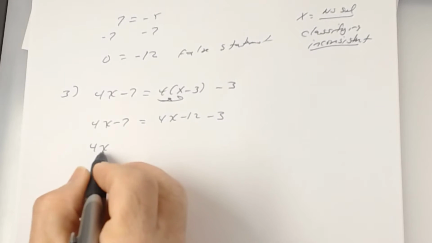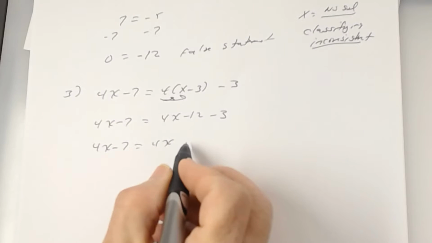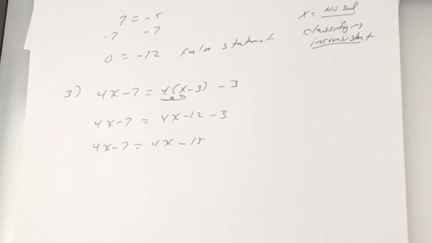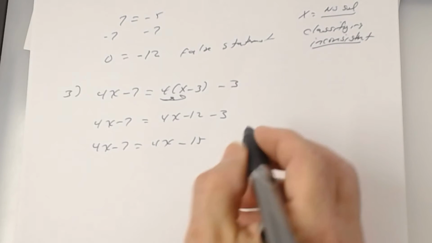So I get 4x minus 7 equals 4x minus 15. And then for some of you, you can stop here because some of you can notice this and see, well, the 4x are the same on both sides, but the constants are what? Different. So you know right away in terms of solutions, there's going to be how many solutions? None. There's going to be no solution. So you can go from here and say no solution.